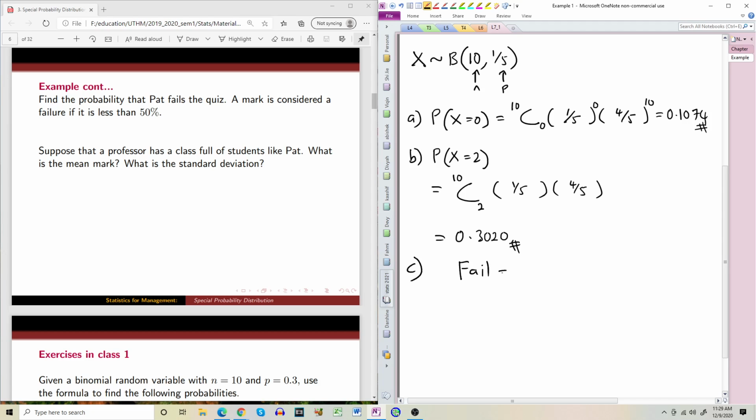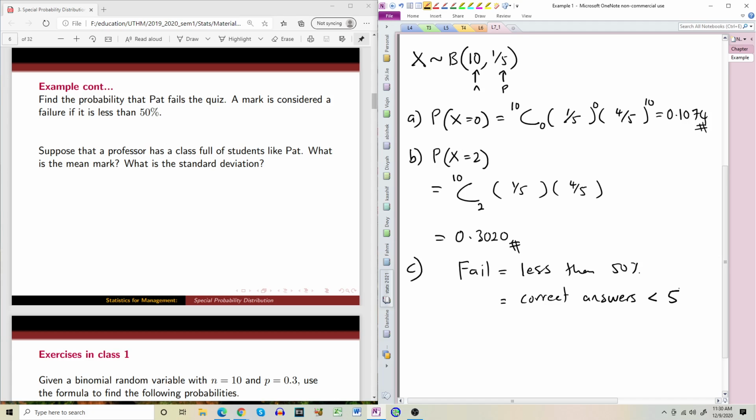Fail equals less than 50 percentage. Less than 50 percentage means your correct answers are less than 5. Hope you understand.